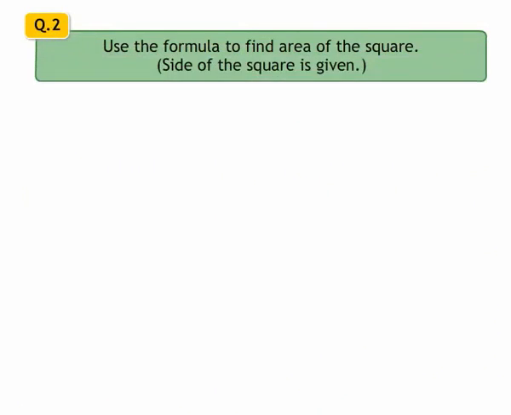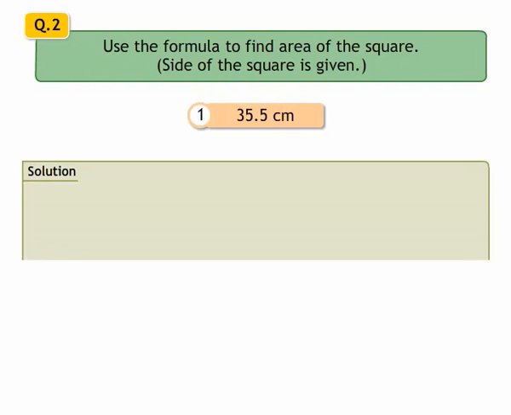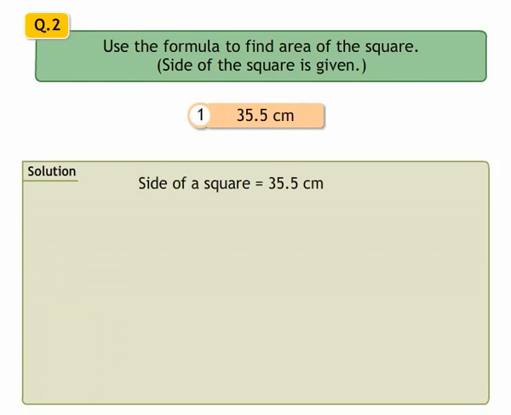Question 2. Use the formula to find area of the square. Side of the square is given. 1. 35.5 centimeters. Solution. Side of a square is 35.5 centimeters. Area of square is side square.